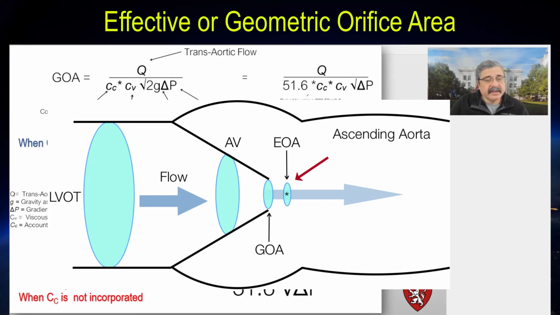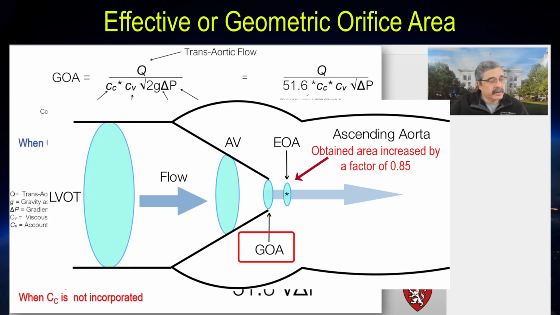So the area is increased by having 0.85 in the denominator, and therefore the area that is obtained for the effective orifice location or the vena contracta is corrected or increased to correspond to the geometric orifice area. So if the contraction coefficient is incorporated, the effective orifice area or the vena contracta area is increased to correspond to the geometric orifice area, assuming that there is flow contraction.